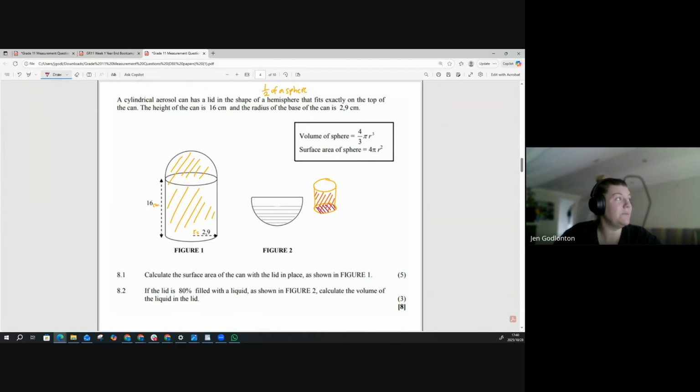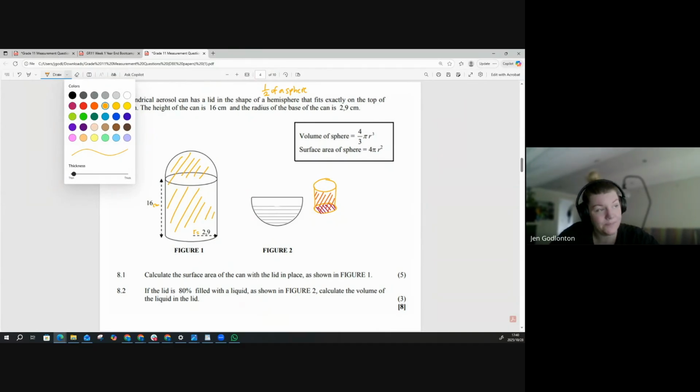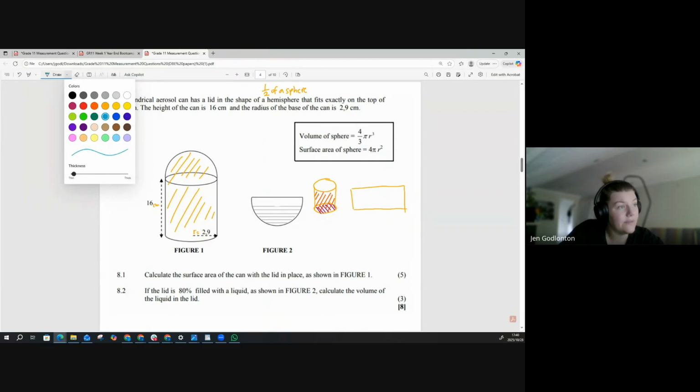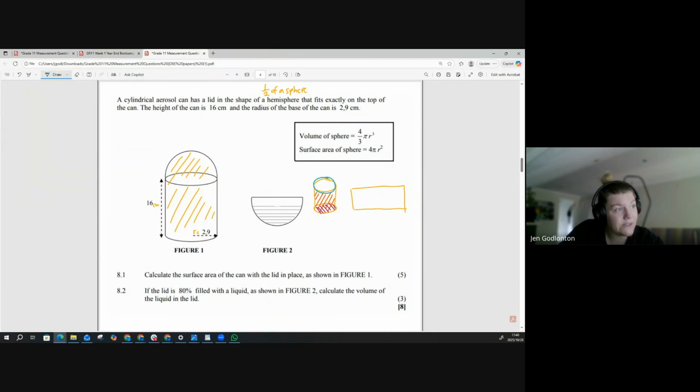Remember, when we break up a cylinder, we get a rectangle, and then the 2 circles, the top and the bottom. The circumference of my circle is the length of our rectangle. To get the circumference, we would say 2 pi r. That's going to give us the length of the rectangle.